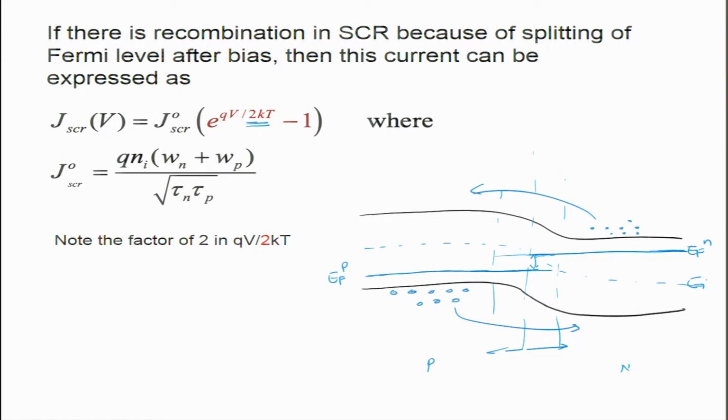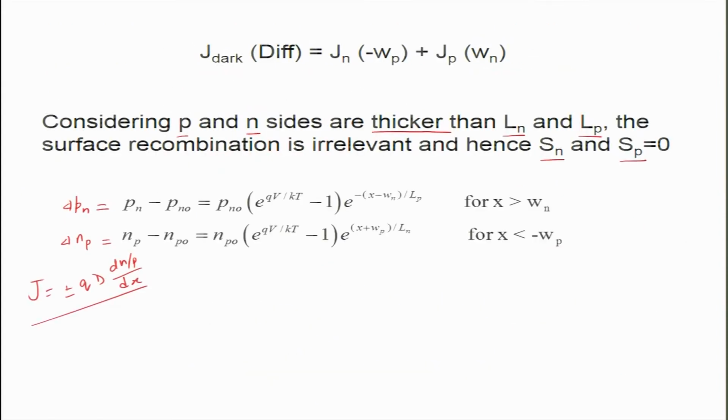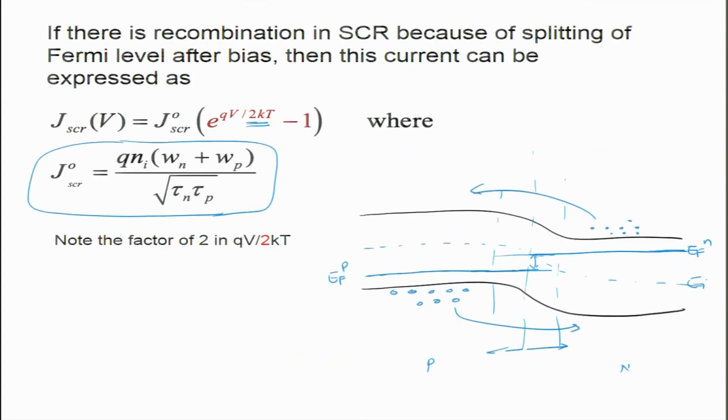Often the behavior is mixed, and this is the current, which is the space charge current pre-exponential factor, which is q ni into Wn plus Wp divided by square root of tau n tau p, and this is from the same SCR current that we got. So, this is the SCR current that we invoked when we said that now you have a p-n junction which has an SCR in which recombination and generation is a possibility.